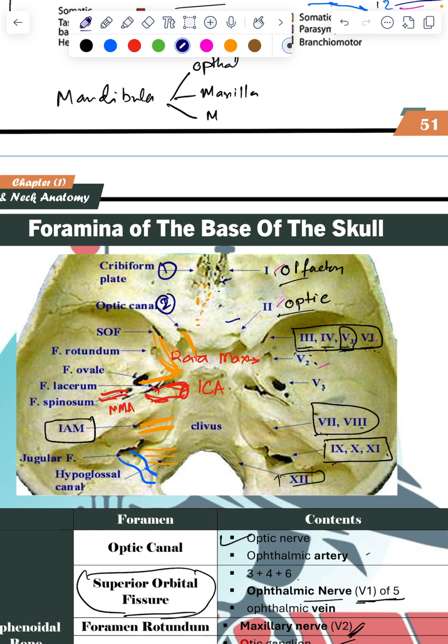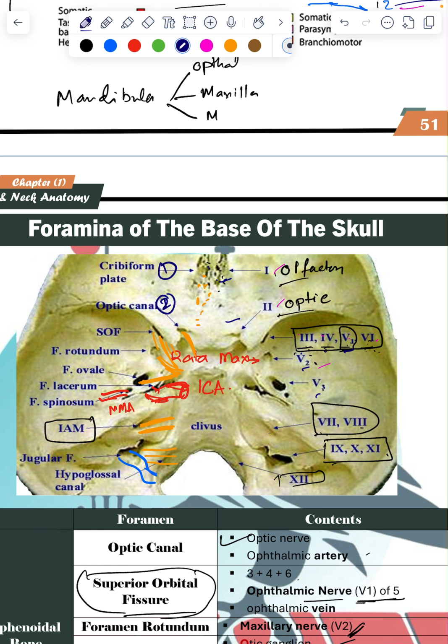The nerves passing out of the superior orbital fissure are third, fourth, and fifth, the ophthalmic division, which I was telling about. Somewhere here is the trigeminal ganglion. So V1, V2, V3 come out of the trigeminal ganglion.